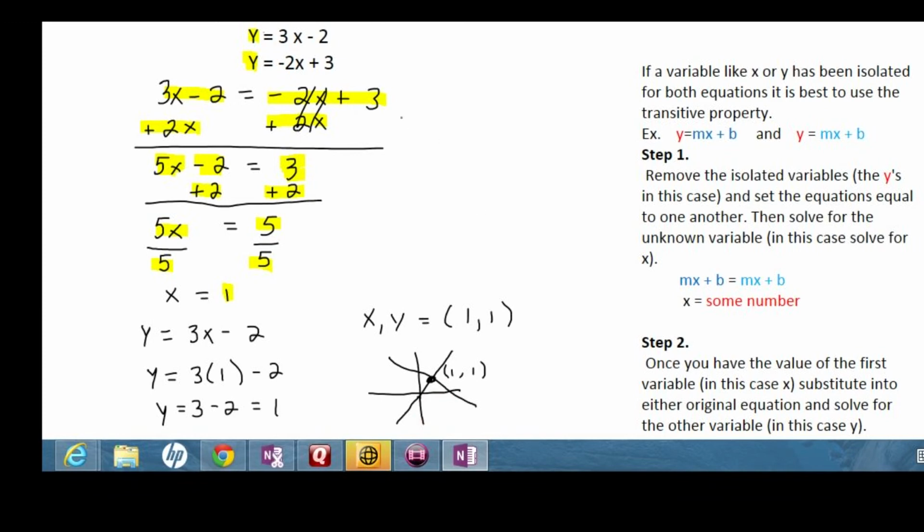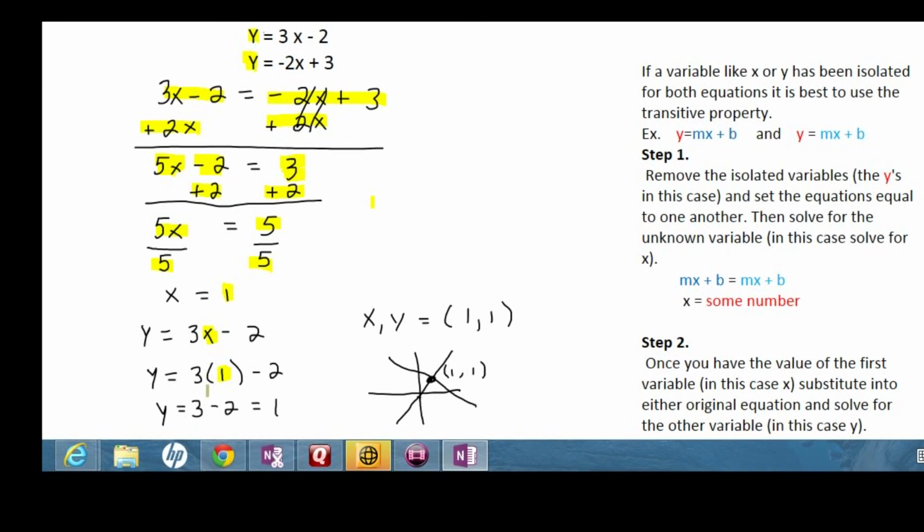So once again, remember, once you get your value for x, you must substitute into the equation for x in another equation, one of the two original equations. And then, since x is equal to 1, I substitute it in, and I put a 1 in its place.